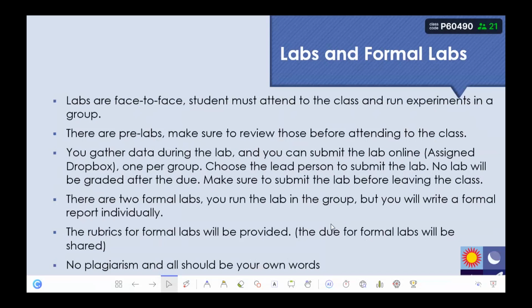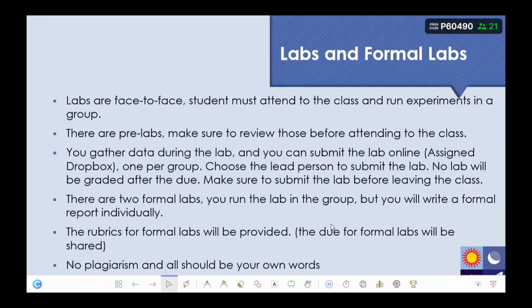So this is about the lab, but we will have 2 formal labs. What are those formal labs? You will run the lab in class in your group, but you are supposed to write a formal report. The rubric for how to write a formal lab report is available on your D2L.